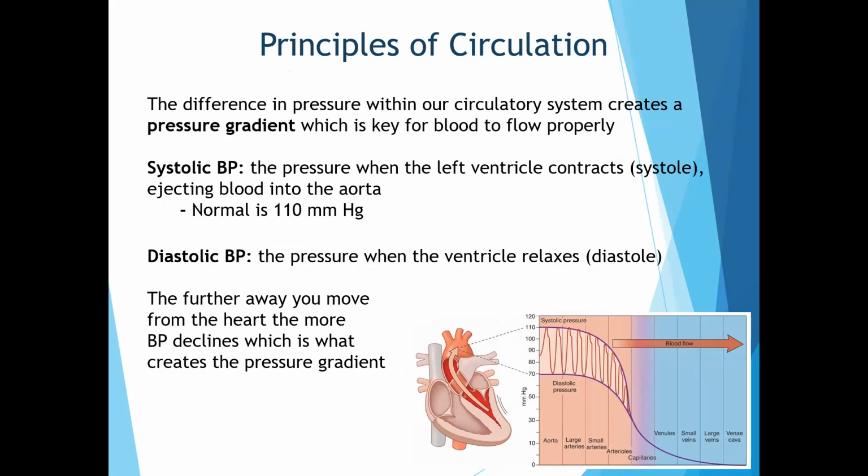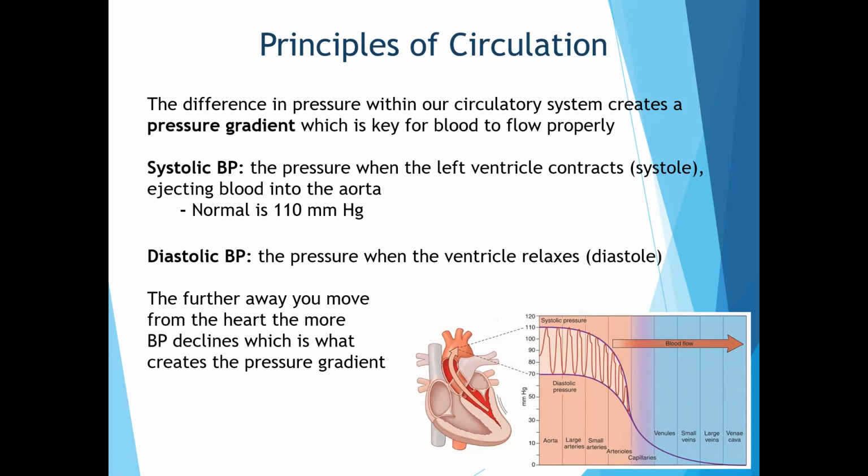On the map here, on the y-axis, you have your blood pressure itself, and then we go through as we get away from the heart and eventually, vein-wise, back towards the heart. Your systolic blood pressure is the pressure when the left ventricle contracts. That contraction is known as systole.